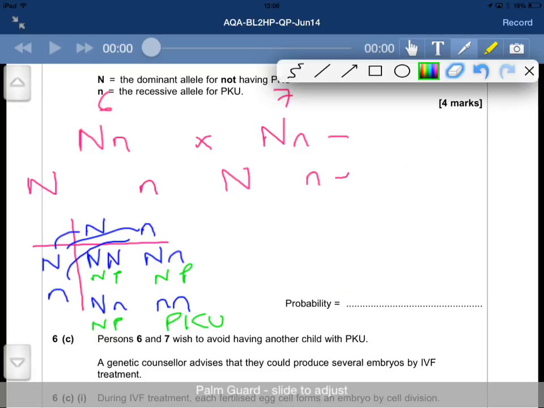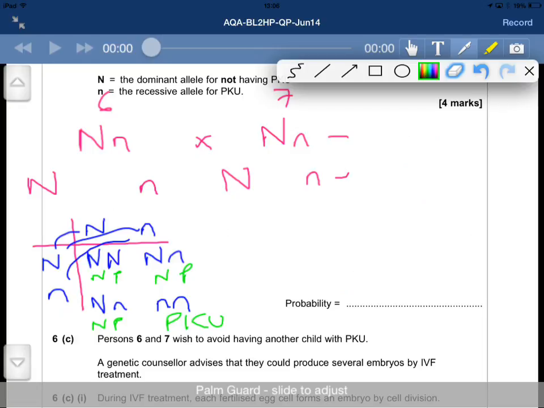And guess what? If you take this cross, you always get 100% of the offspring not having the recessive characteristic. Okay? And you can learn these.